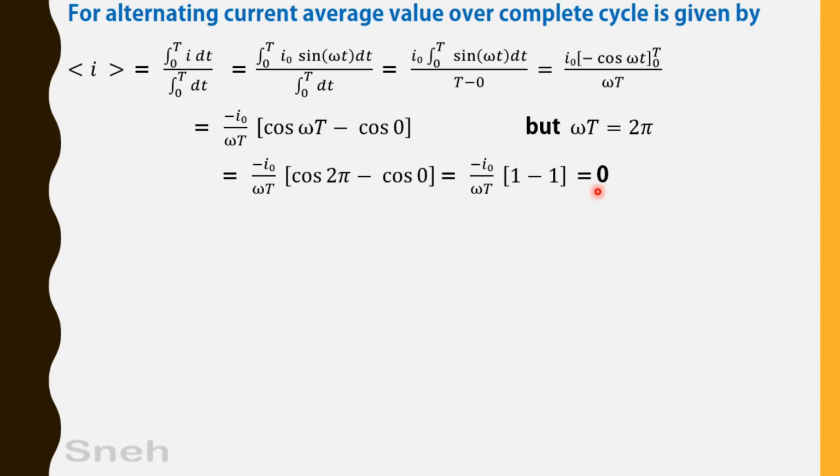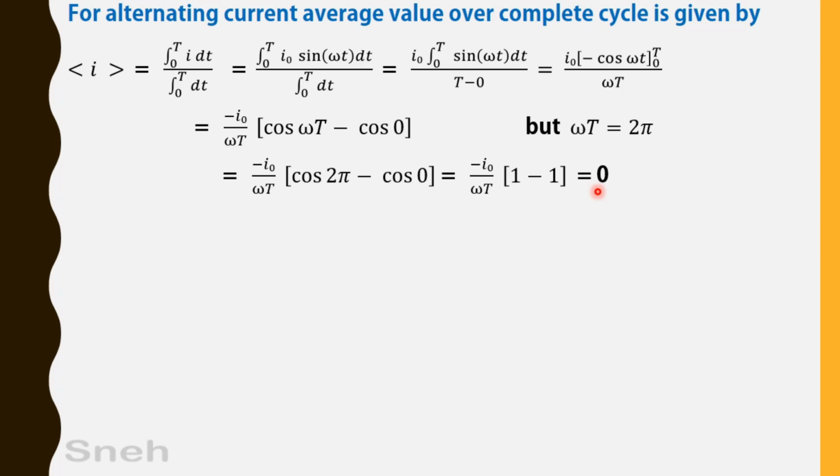This indicates that whenever we take the average of alternating current or alternating EMF over a complete cycle, it is always equal to 0. It is the same as the result we got from the instantaneous value, but here we have applied a proper mathematical procedure for finding the average of a continuous function. Now, as I'm getting this 0, this quantity is of no use for me.